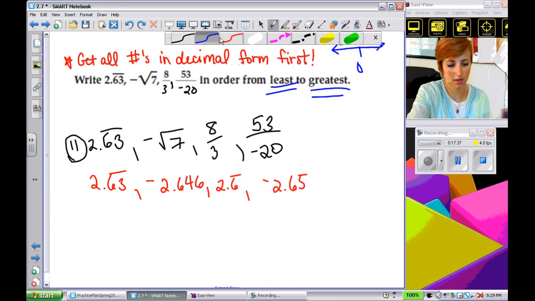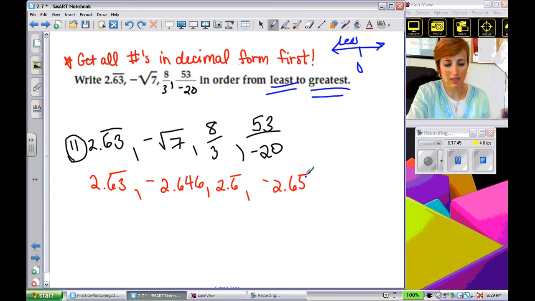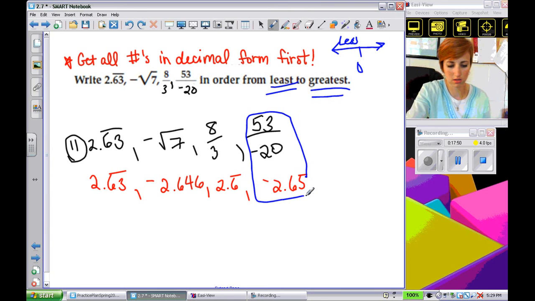my negative 2.646 and negative 2.65, this one would just be a little bit farther left. Because it's a bigger negative, it means it's farther left, which means it's going to be my smallest.